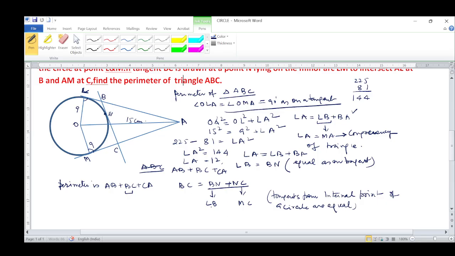Okay. So now we know LB, BN is LB. LA we know, LA is equal to 12. LA is LB plus BA, and LB is this. So this is 12.